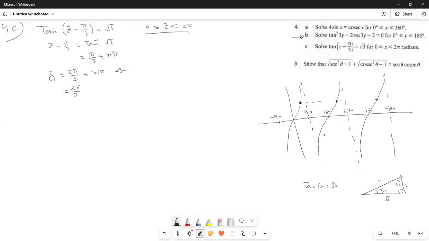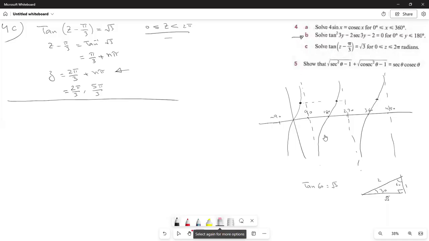Now, if I add pi, which is 180 degrees, it becomes 5 pi by 3. 5 pi by 3 is 300 degrees. Am I right? 60 times 5, yes, 300 degrees. After that, it will be beyond this range. So only these two are the answers for this question. I hope it's clear.